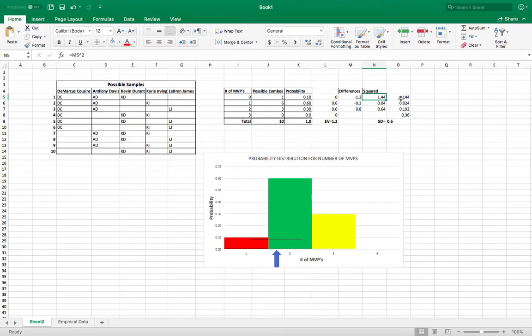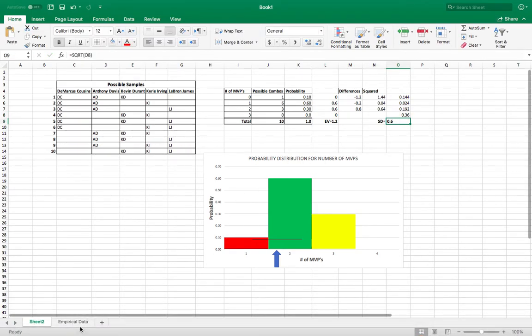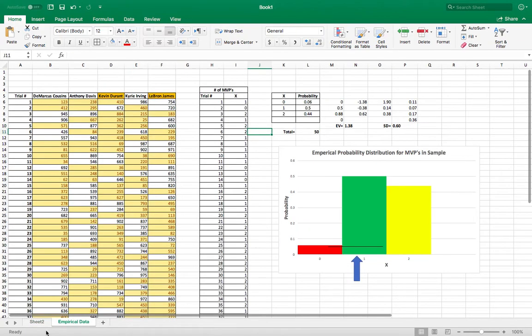After you squared the differences, you multiply the squared numbers by the probability, and then just add those up. As you can see here, I got 0.36, and from there, your final step is to take the square root of 0.36, and that's how I got 0.6 as my standard deviation. Hopefully you're able to follow along with that.